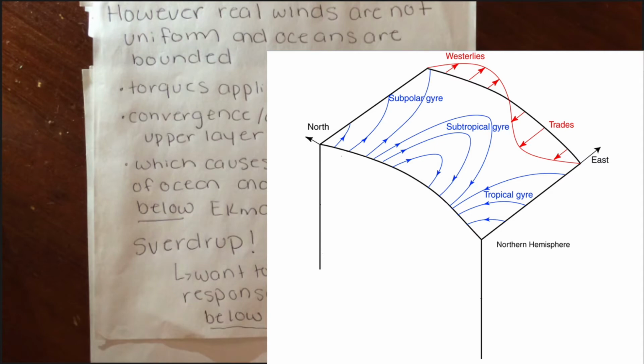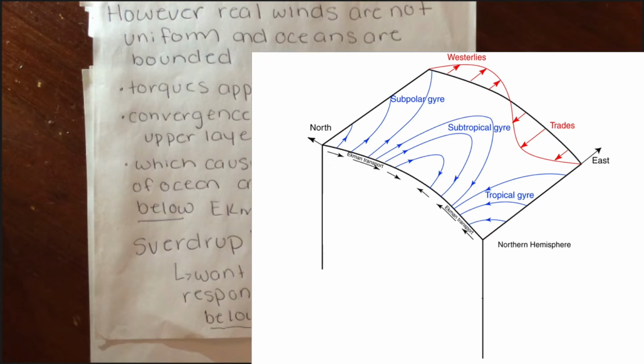Here we have a three-dimensional view of the Atlantic. The trade winds blow from the east, just north of the equator, and the westerlies blow from the west. The blue arrows on the surface are the general circulation patterns of the North Atlantic gyres. In the surface layers, we observe the Ekman transport. At low latitudes, Ekman transport is north.